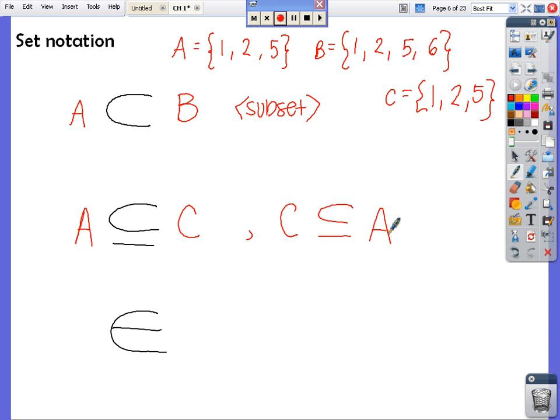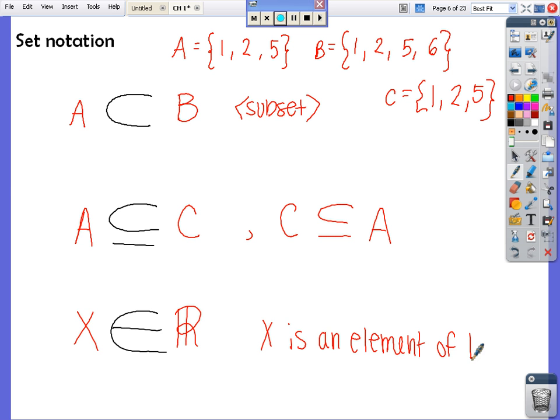And then this last one here that looks like a rounded E, if I do something like X and then I put the symbol for real numbers, it's saying that X is an element of the real numbers. And you'll see in your book, they'll say things like the natural numbers is a subset of the integers.